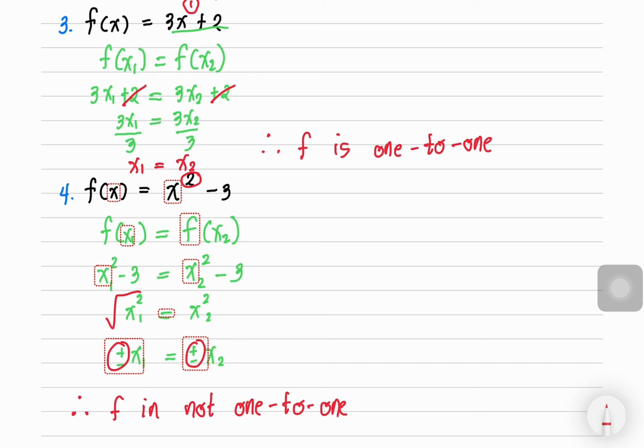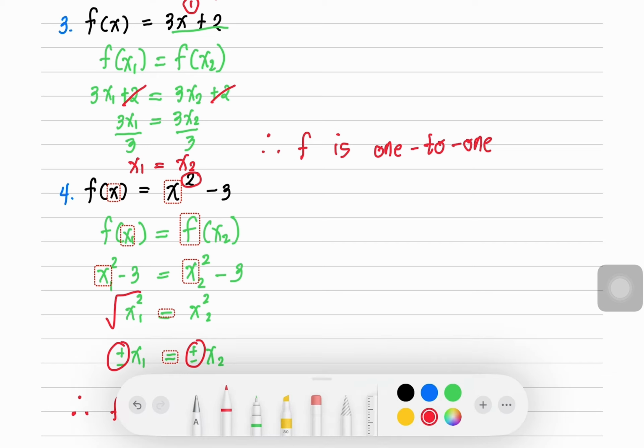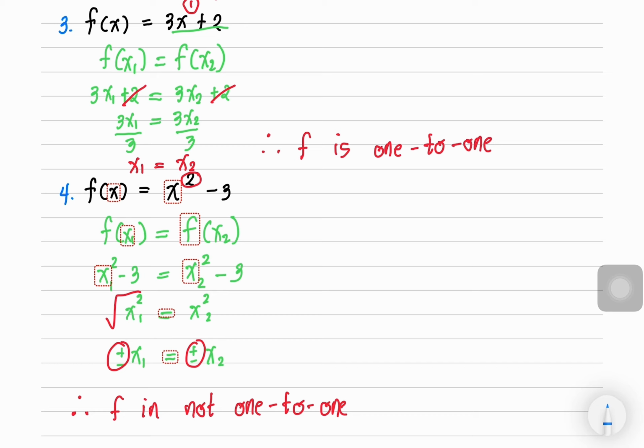Say for example, bakit ko na-conclude na not 1-to-1 to? Mag-substitute tayo. Okay? Sa original function natin. Okay. So, say for example, we have positive 1 and negative 1. Okay. So, f of positive 1. Okay.